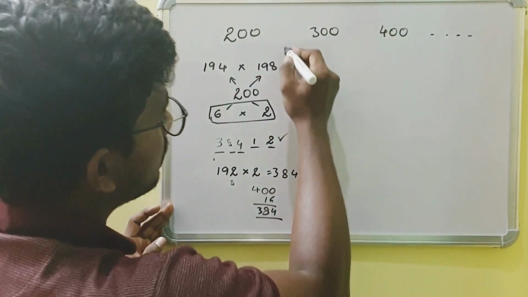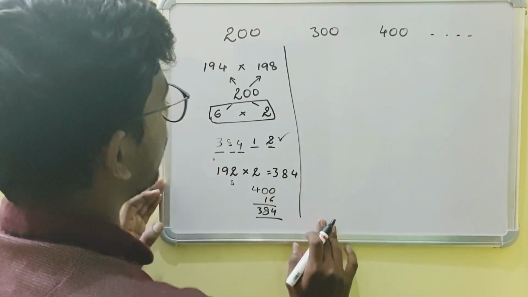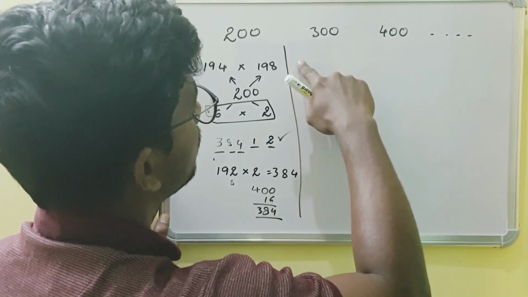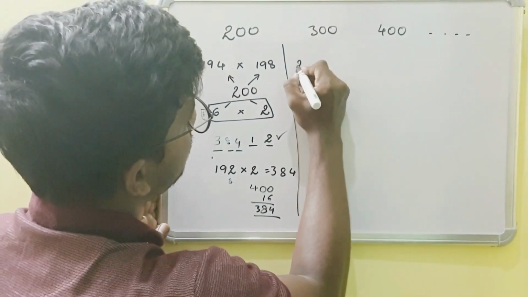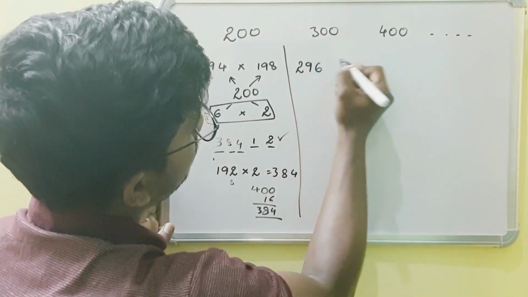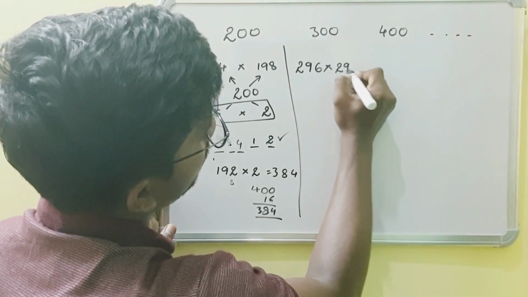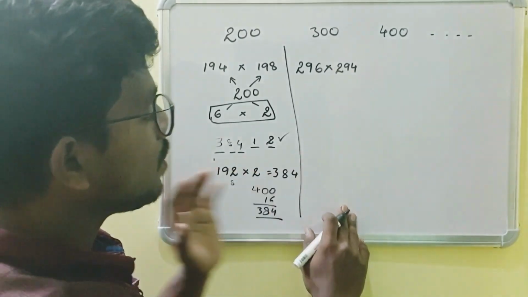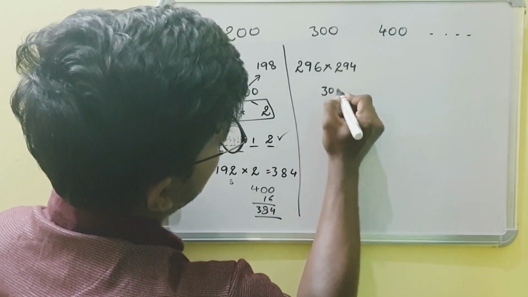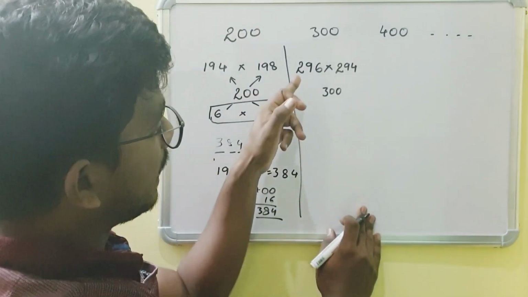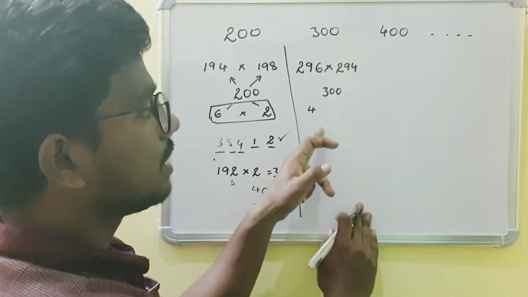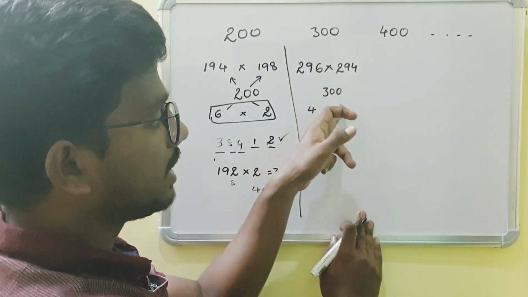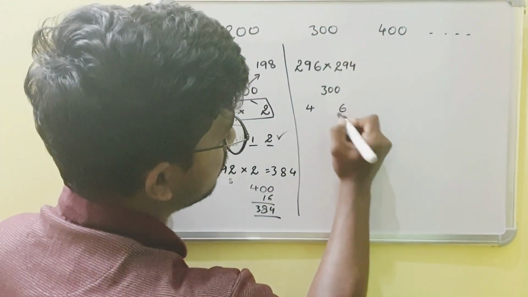Okay, same with the 300. I will take the numbers which are nearer to 300 and lesser than 300. So I will take the example 296 into 294. For this I will take 300 as a common number and subtract 296 from 300, then I get 4 as my answer, and I subtract 294 from 300, which gives 6.